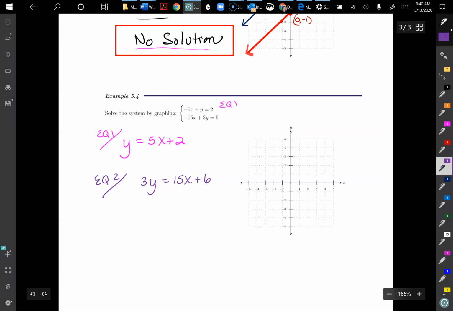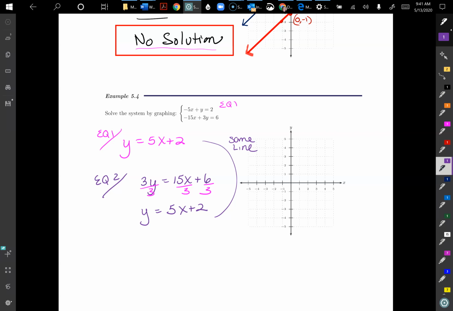And you can kind of see something happening. If I solve out for y here, get y in terms of x and put it in slope-intercept form, right off the bat, I see that these two lines are equal. So they're actually the same line. The second one is just a multiple of the other.